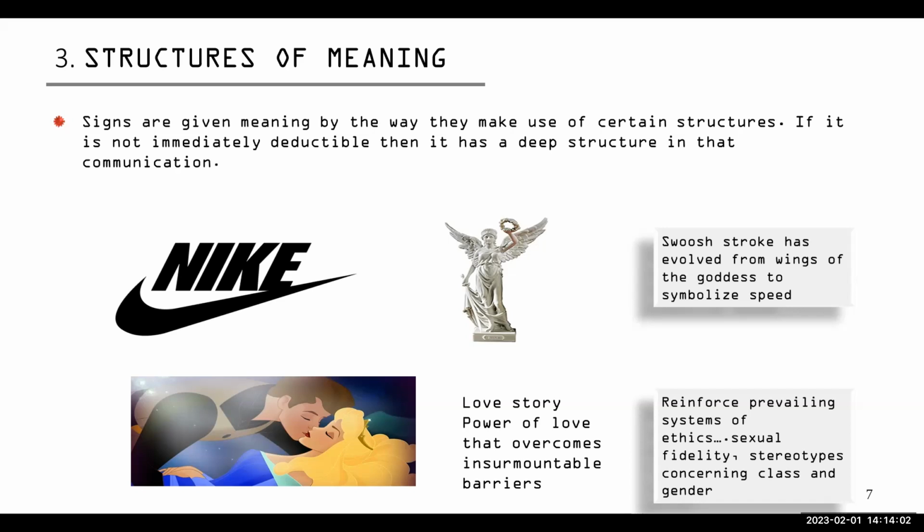But the love story is about overcoming obstacles, and through all of this, it reinforces various cultural rules that are embedded in our society. Like they talk about sexual fidelity, how they live happily together at the end. So that's implying that they've been loyal to one another and lived forever.